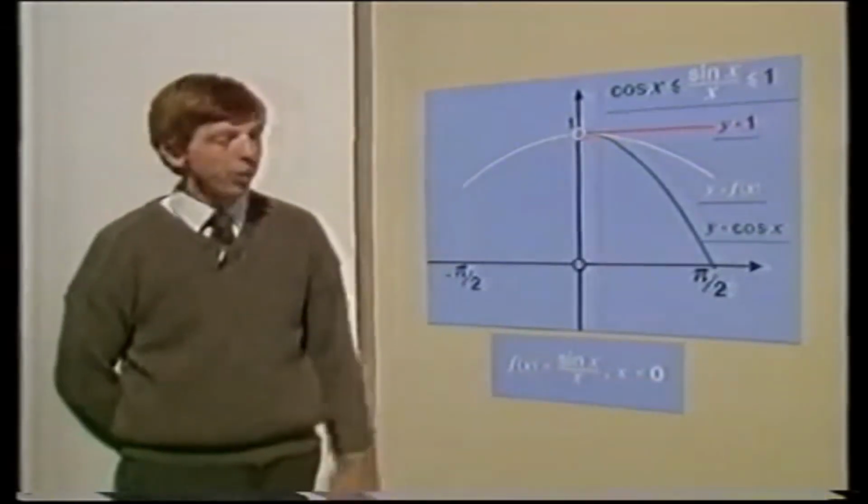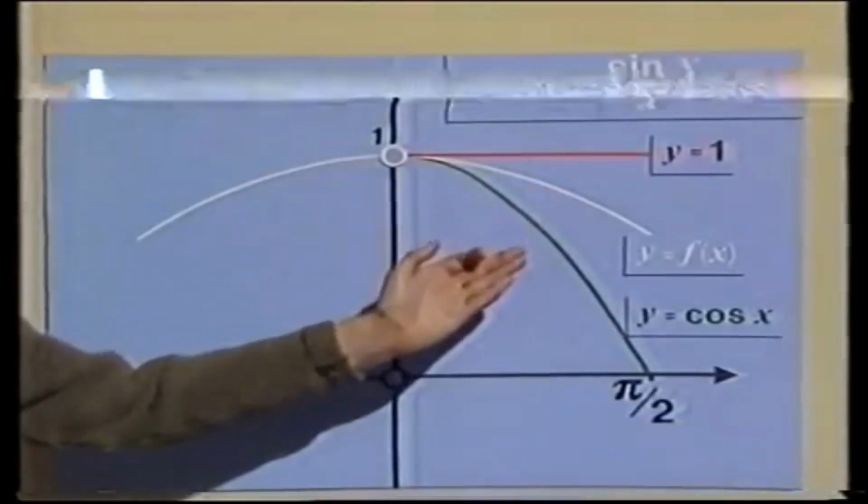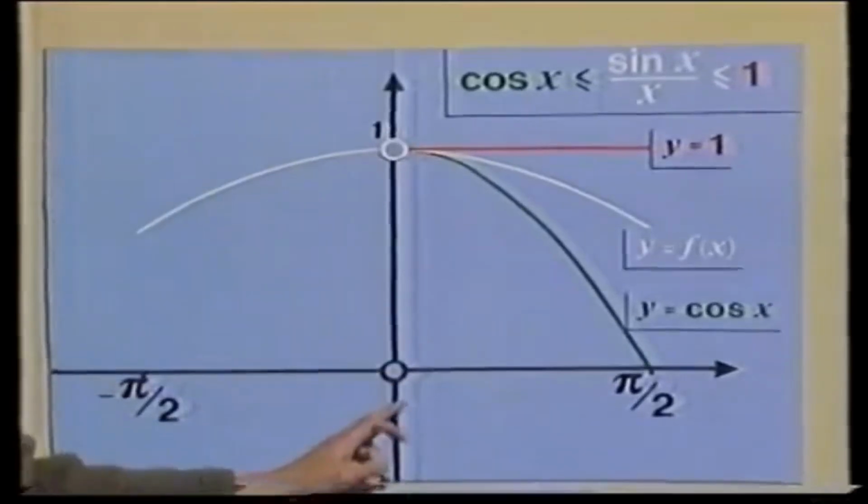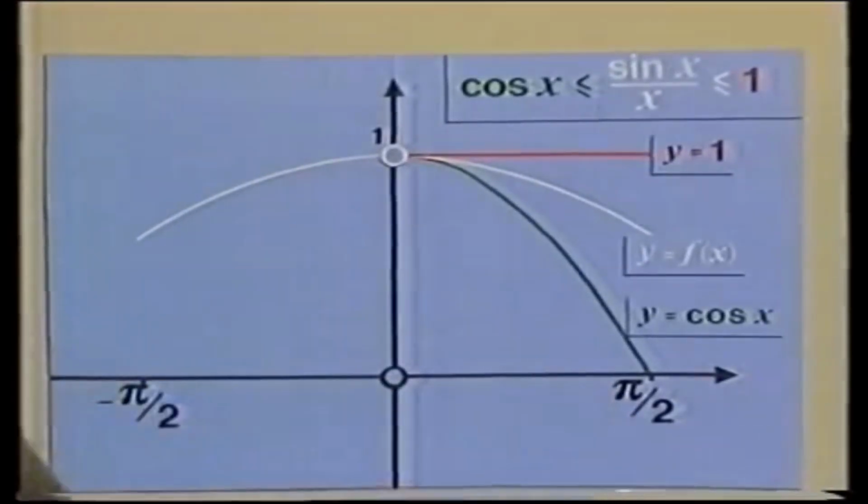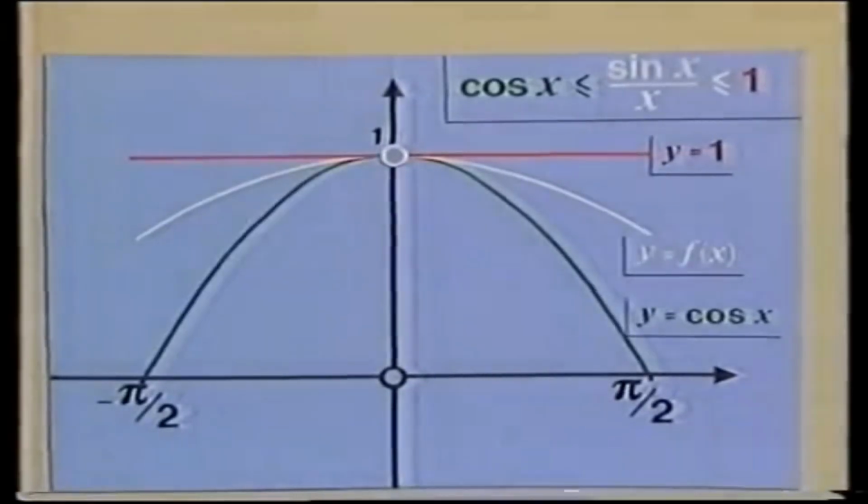So that shows that sine x over x is greater than or equal to cos x for positive values of x less than pi by 2. Of course, all three of these functions are even functions, so the inequalities are true for negative values of x as well. How does this help us to prove that sine xn divided by xn tends to 1, though?